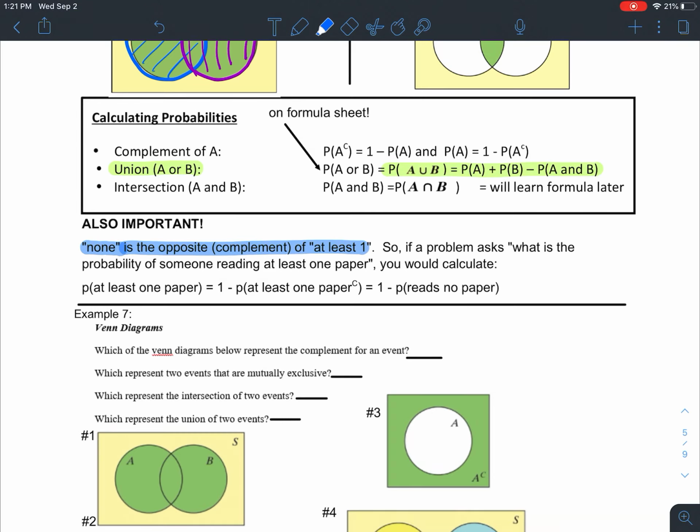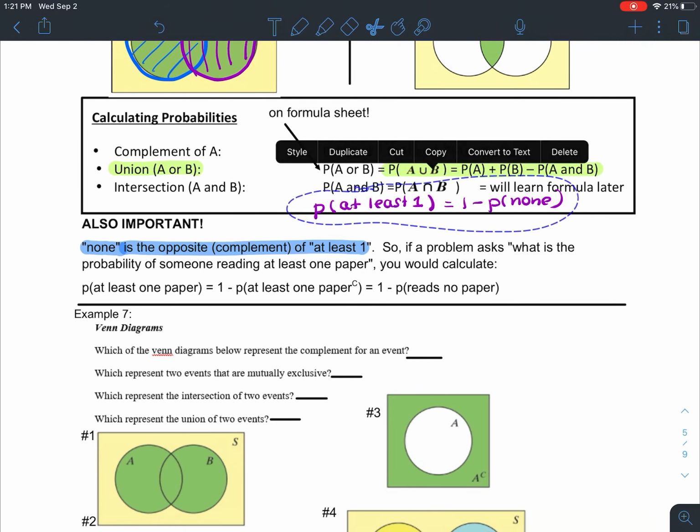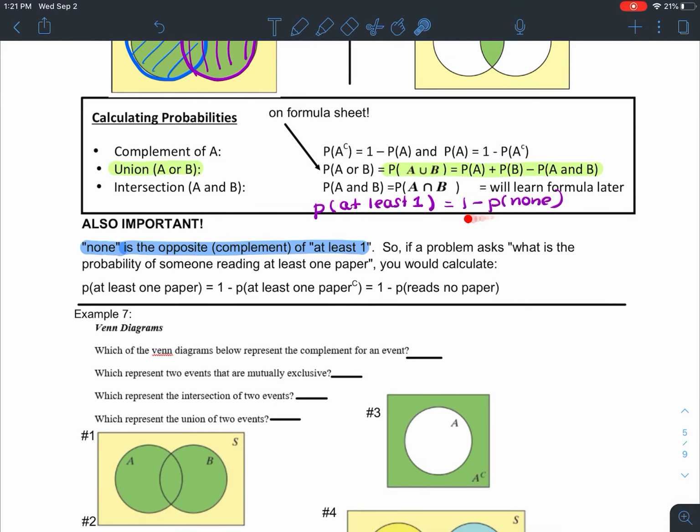Okay, something else that is super important is how to find the probability that none of something would occur, okay? None is always the opposite, or the complement, okay, of at least one, okay? So I'm going to have you add this formula here, okay? The probability that at least one, whatever it is we're talking about, occurs is 1 minus the probability of none.